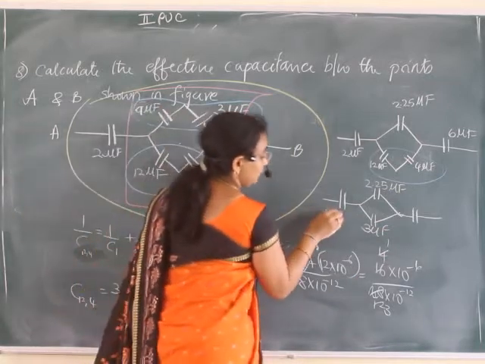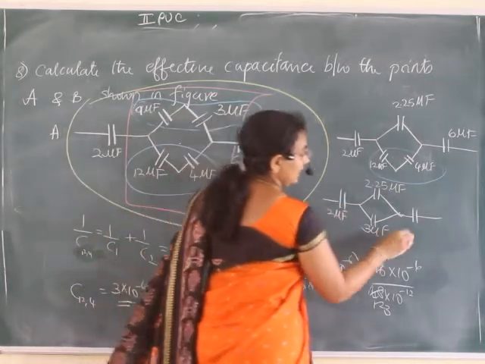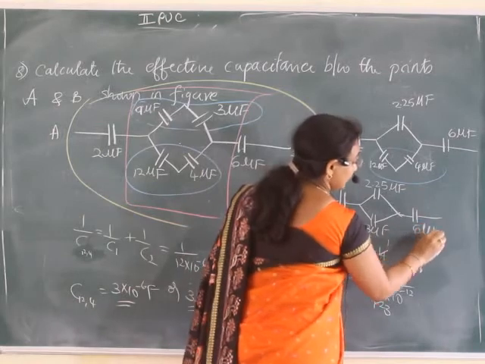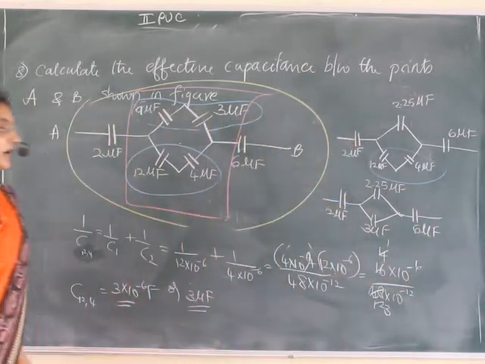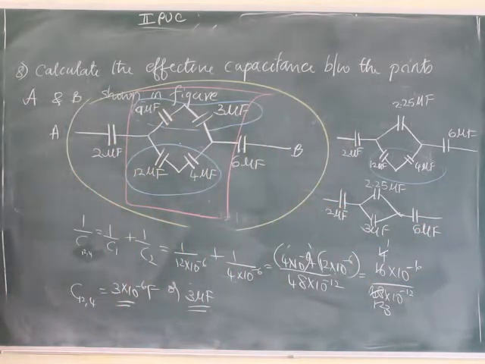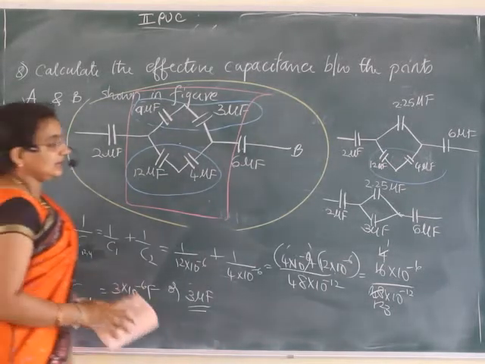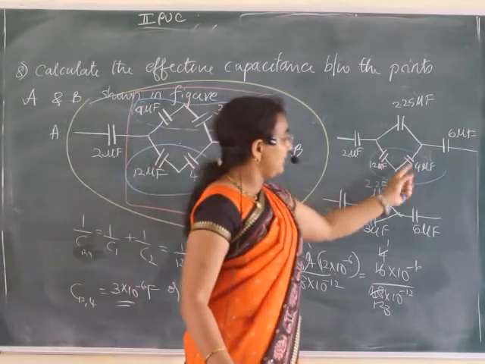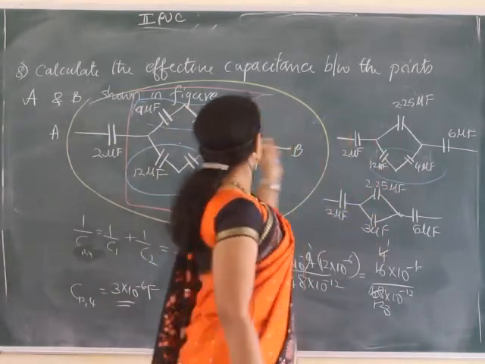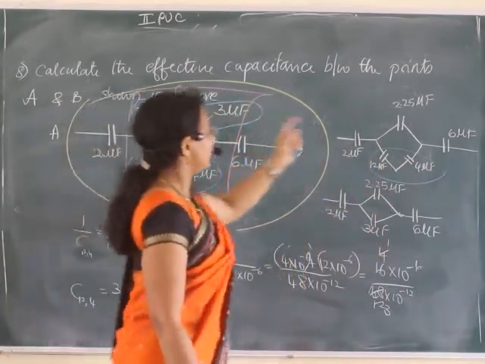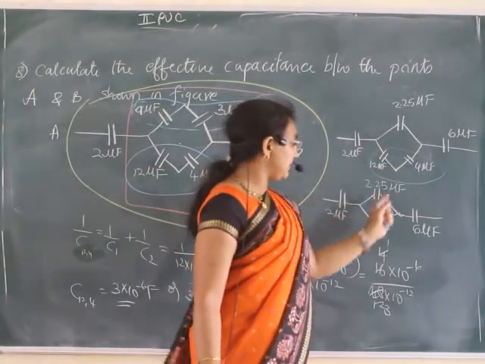This is 2 microfarad. And this one is 6 microfarad. See, I'm drawing the diagram. Each step I'm drawing the diagram so that you will understand. Next, see here. Now these two combined and form single. Earlier these two was there. This is now combined and form single. Next, these two combined form single.